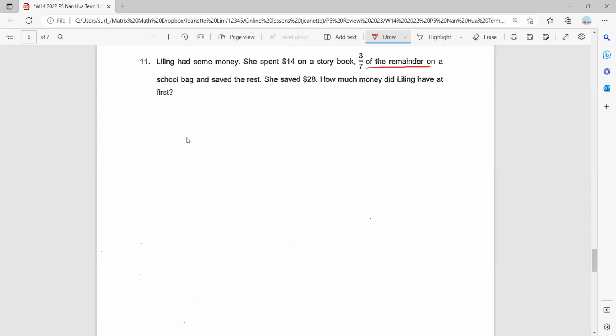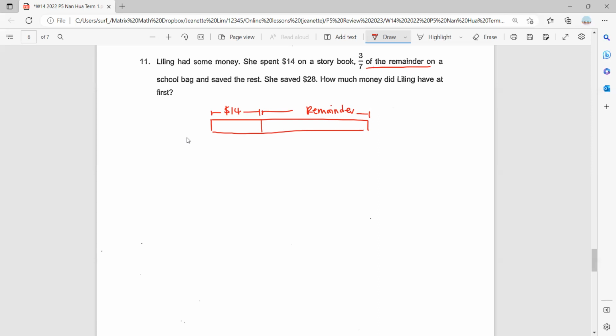Okay, so the first thing that happened is she spent $14. So I will draw a model and remove $14 first. This is the remainder. Now I want 3/7 of the remainder.